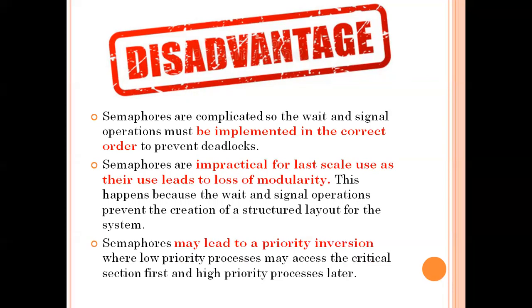But after the low priority process, if the value of semaphore becomes 0, then whatever the process is, whatever its priority is, that cannot enter, because it has to execute the down code. And for down code to execute, for accessing the critical section, the value of semaphore should be greater than 0.